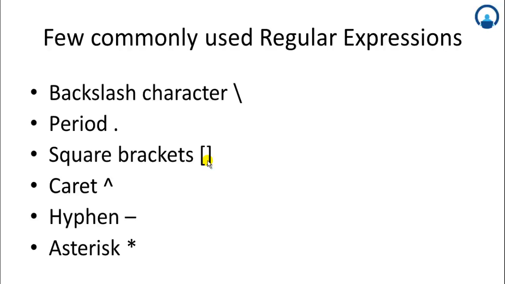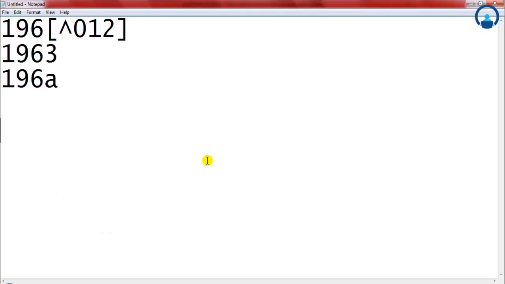And the last commonly used regular expression is asterisk. An asterisk instructs QTP to match 0 or more occurrences of the preceding character. For example, suppose I am writing dog and asterisk.